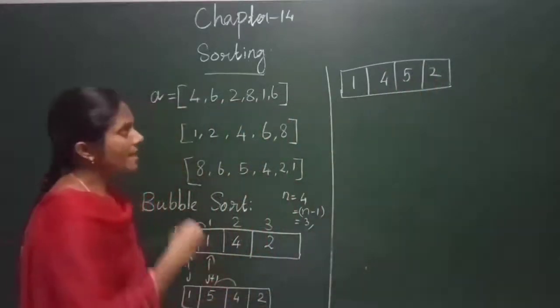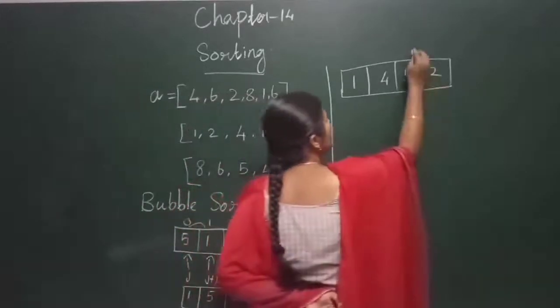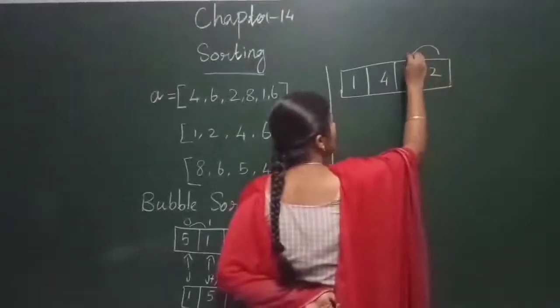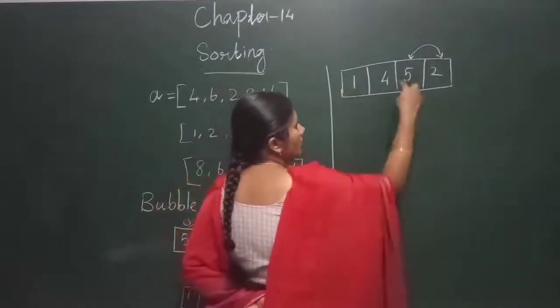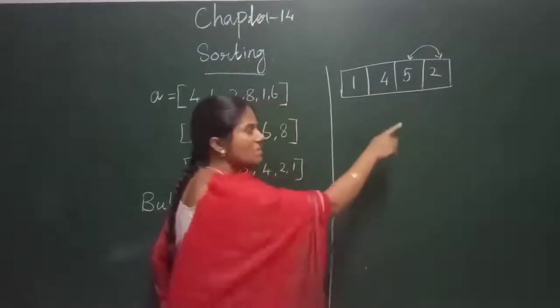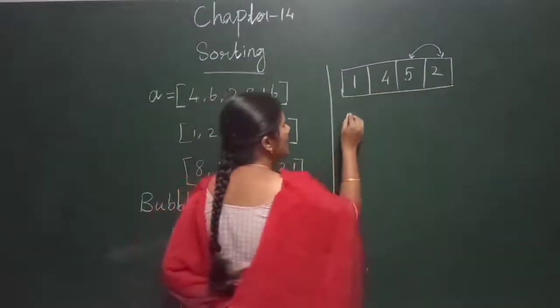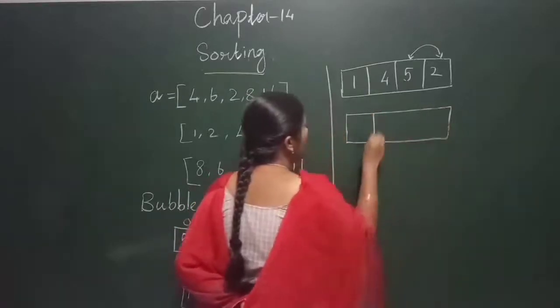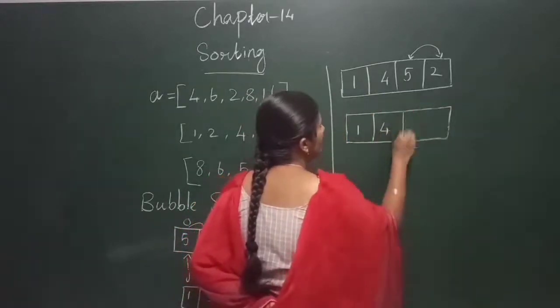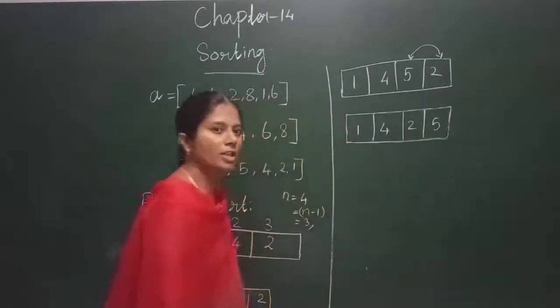What are the next two values to compare? 5 and 2. We need swapping here because 2 is smaller than 5. So swap them: the next one is 2 and here it is 5.